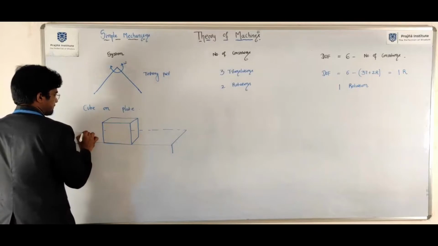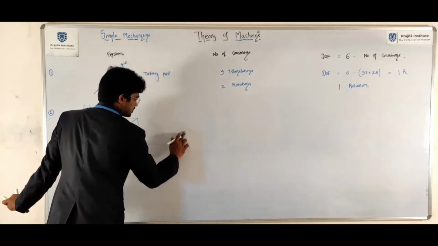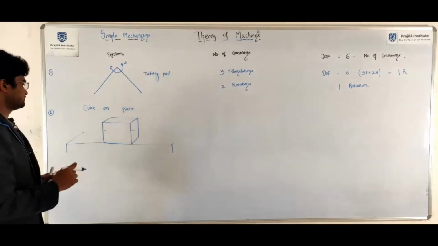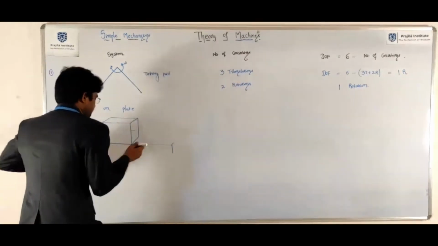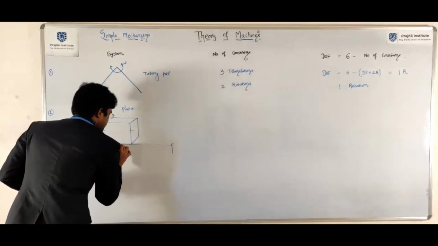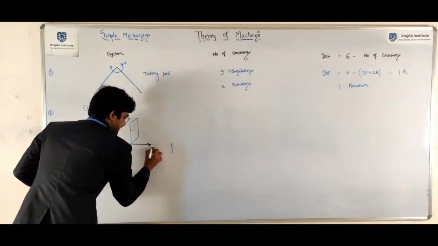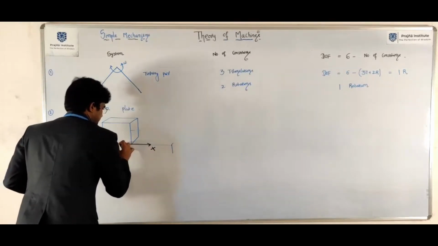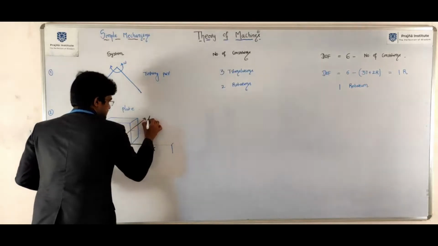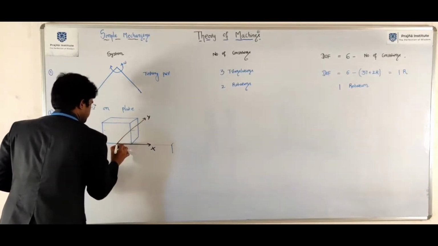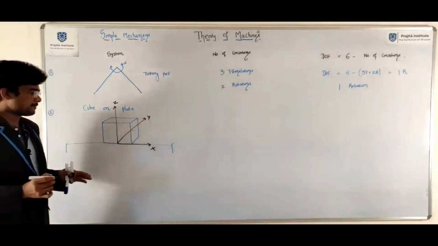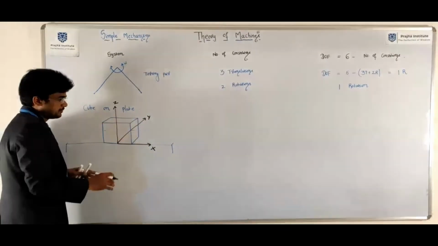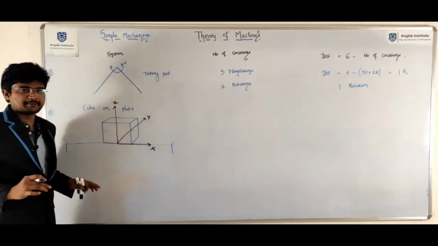Feel that cube on the flat plate. Here it is x, it is y, it will be z. Correct? On the plate, X, Y, Z.